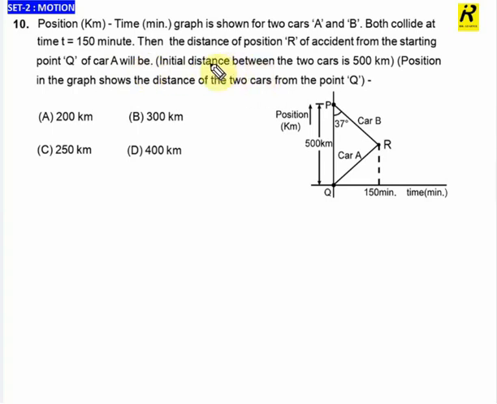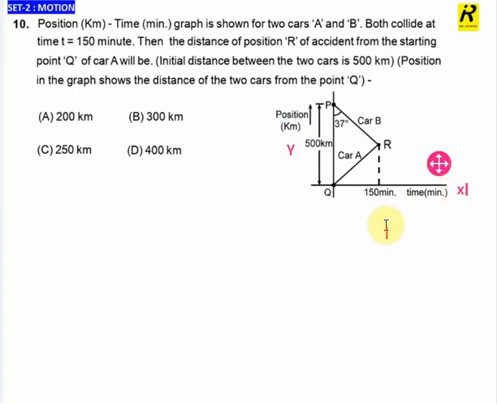So some information is given. Initial distance between the two cars is 500 kilometer, which is here. Position in the graph shows the distance of the two cars from position Q. So what we have to find is the distance of point R from the initial position of Q. Position is on the y axis, be careful, and time is on the x axis.